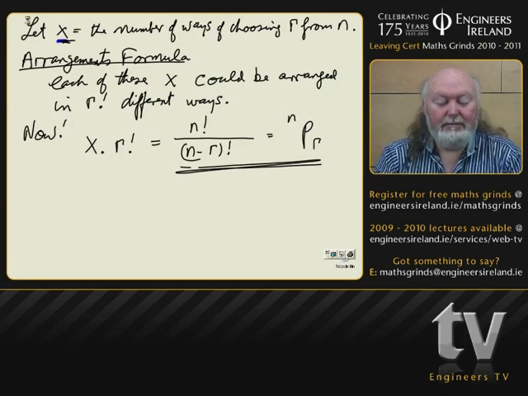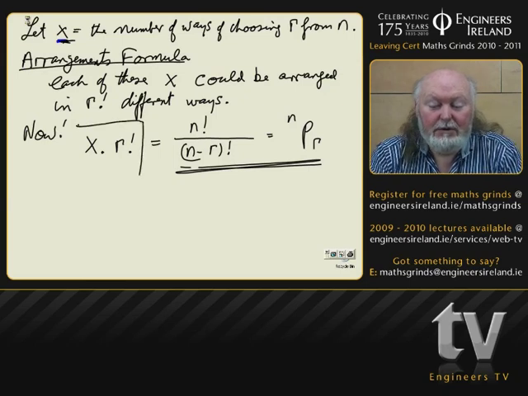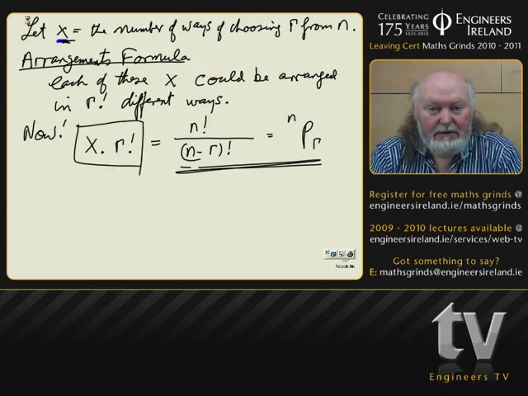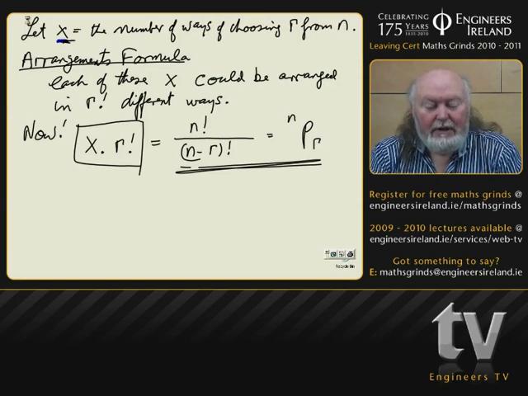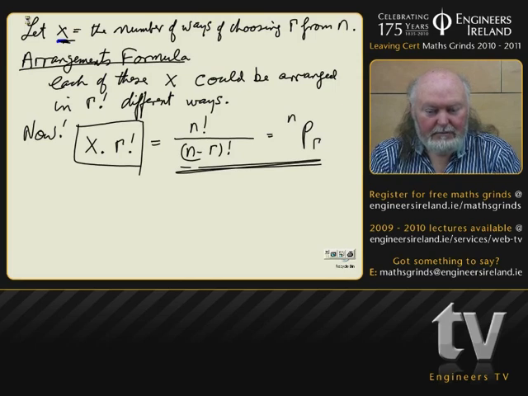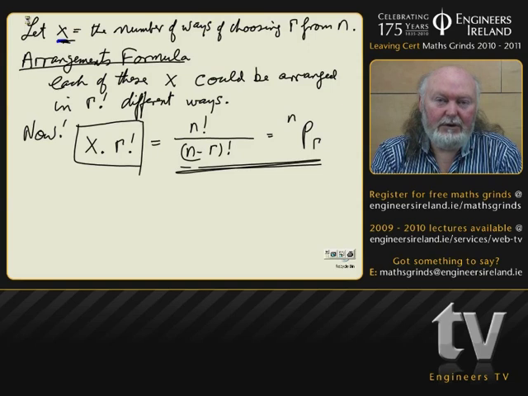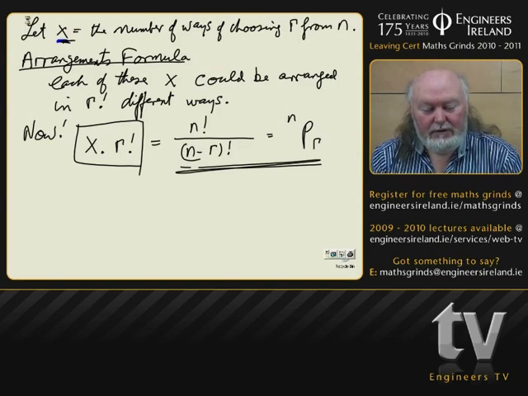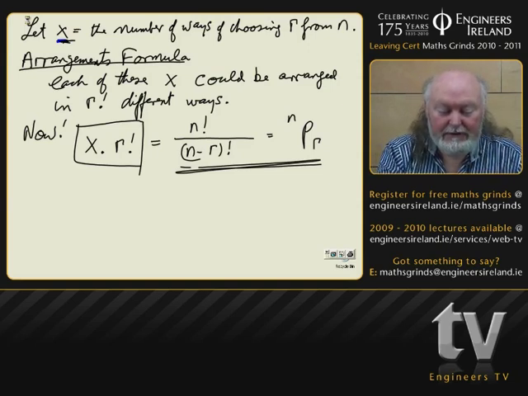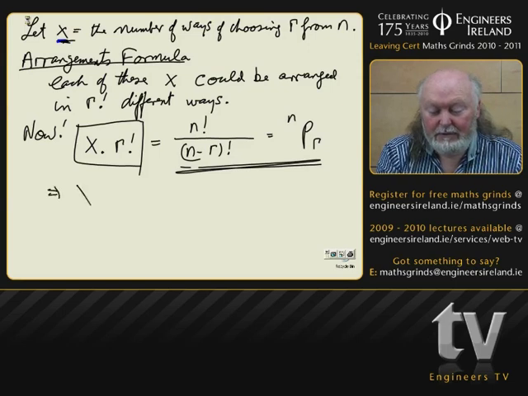And we're saying that number is going to be exactly the same as the number of ways of choosing our items multiplied by the number of ways of arranging the items, the R items, in each one of those ways. So we're saying every one of these x, inside in it we could have arranged the items R factorial ways. So now we're able to say that implies x is equal to, and now we get the formula that we saw before.